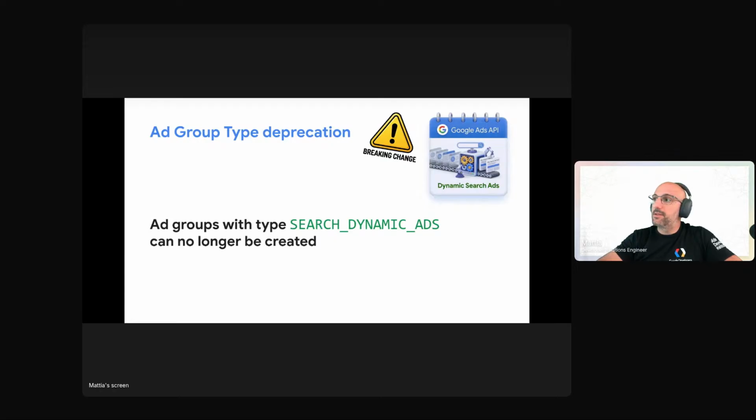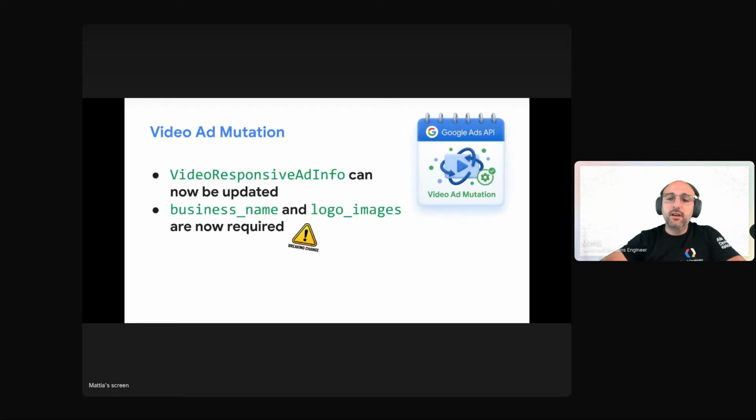Then, another cool thing that came out in V24 is in the video space, which, as you know, is the one I'm most familiar with because it's one of the areas of the API that I personally work on. And this is also a pretty big change because developers have been asking about this for, I guess, forever.